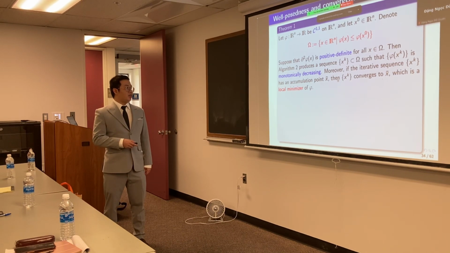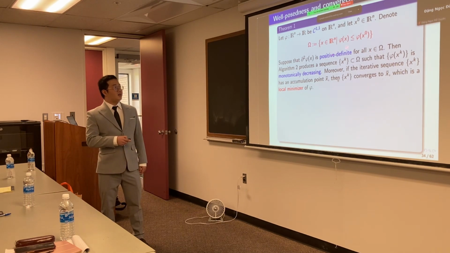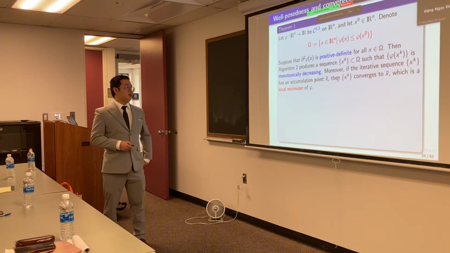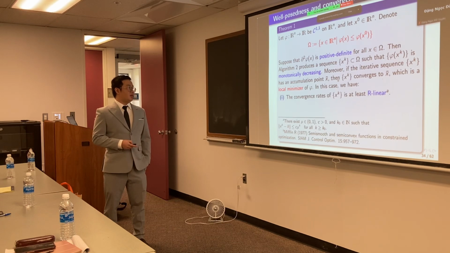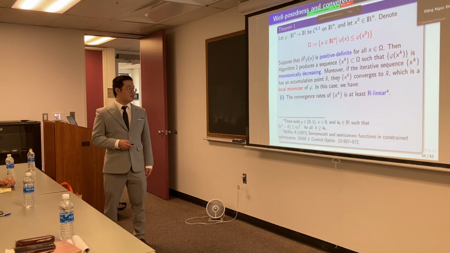How do we know when xk has an accumulation point? This can be guaranteed if omega here is bounded, right? It's bounded, and then we can guarantee this condition. And then the point here is the local minimizer of phi, and the convergence rate is at least linear.